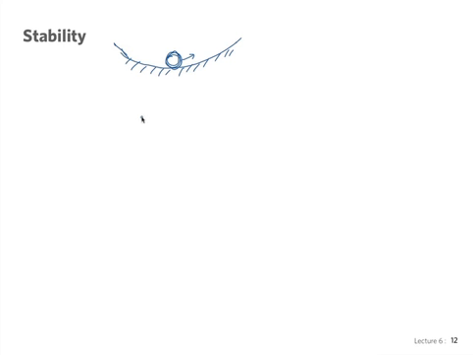That's the concept of stability that we know. Of course, if we put the same marble at the top of a hill, and it's perfectly balanced here, by moving it just a small distance, it will move away from the previous position. And so we understand this situation to be stable and this situation to be unstable.